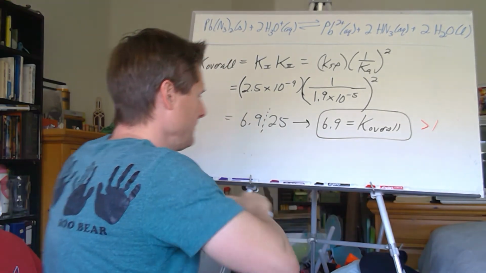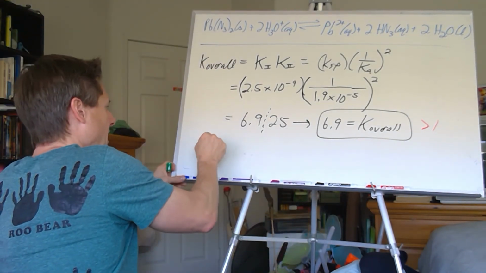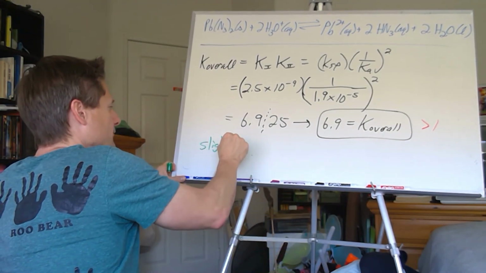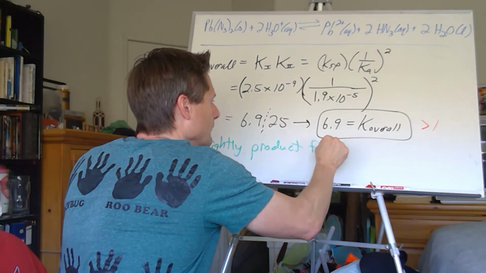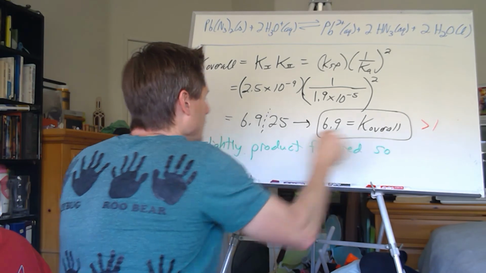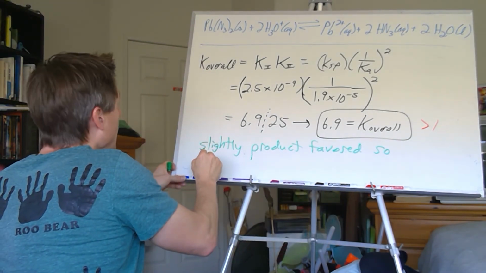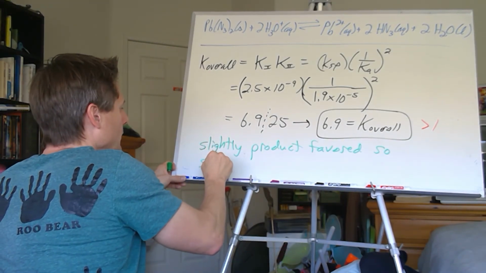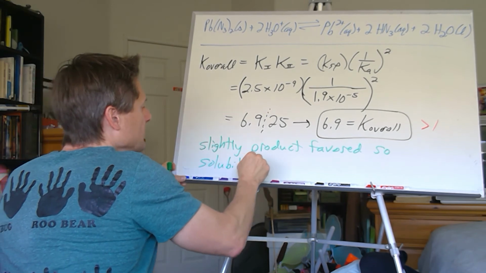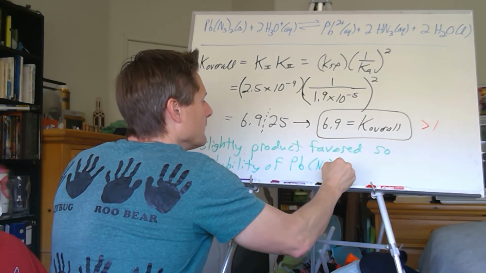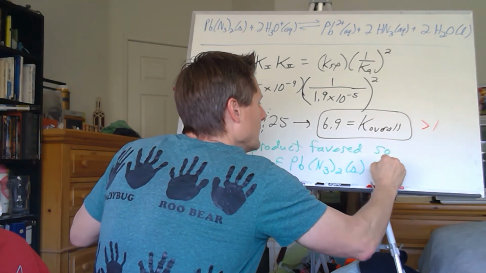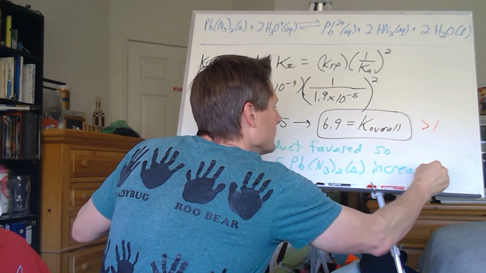Let's do this in green. So I'll say it's slightly product favored. So the solubility of the solid increases.